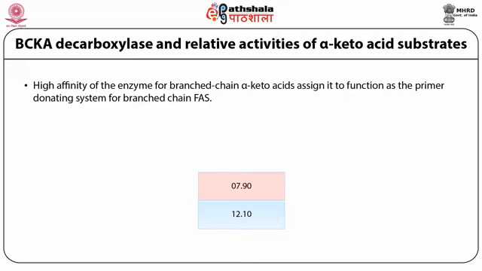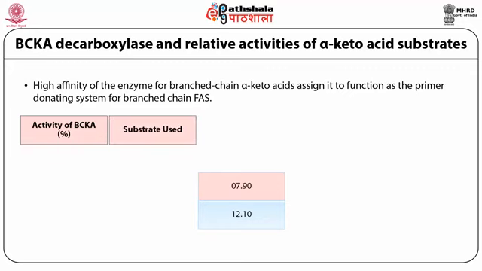In this table, we can see the specificity of the branch chain alpha keto acid activity towards the substrate and the product form.